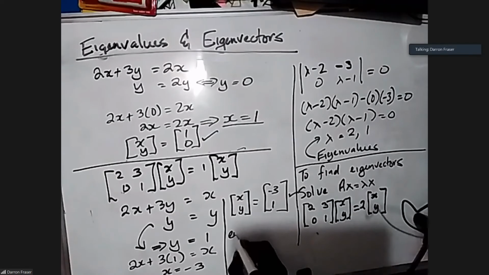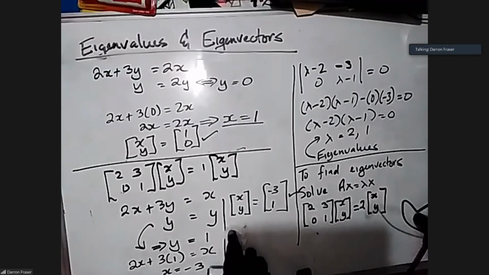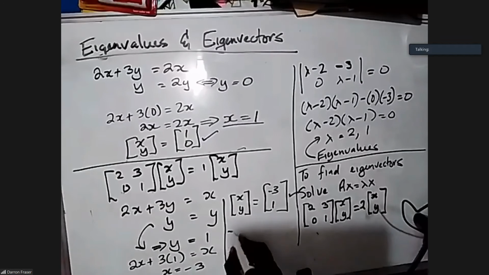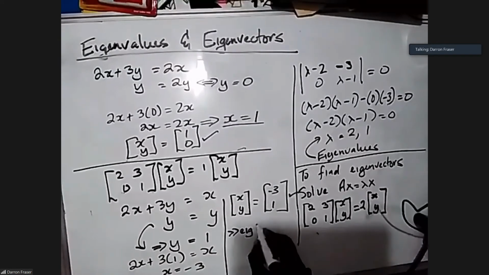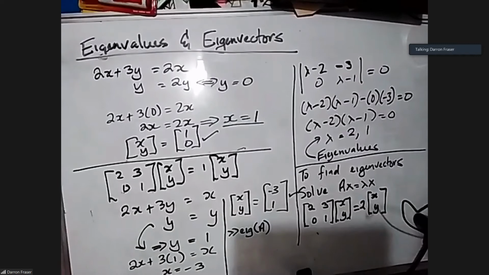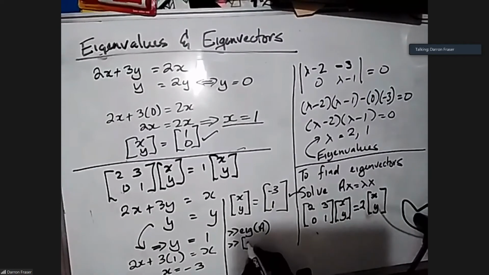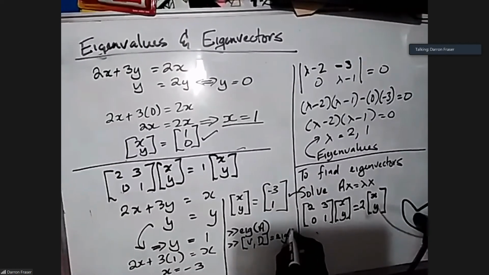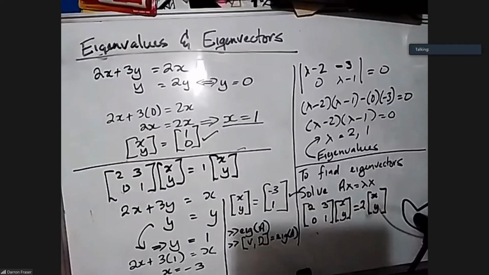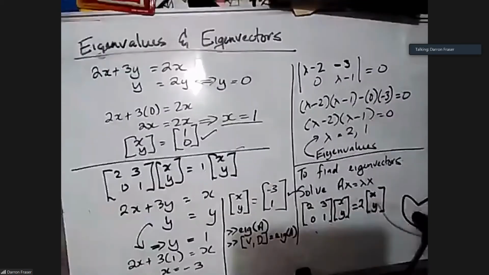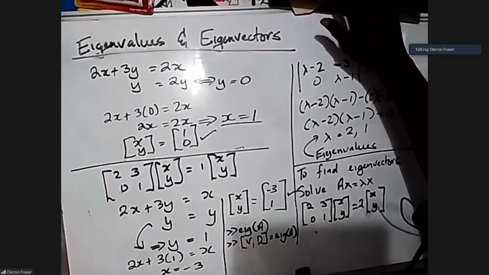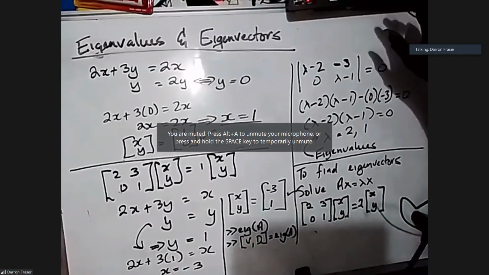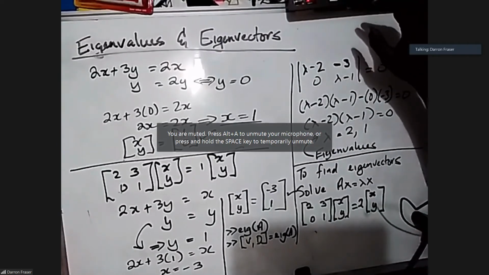Now, to get the eigenvalues, we just type in eig(A). To get the eigenvectors, it says [V,D] equals eig(A). Let me type it in here and write down the values I get.